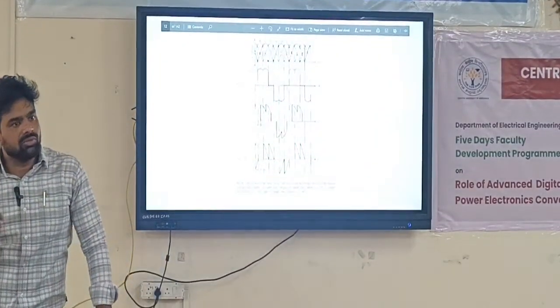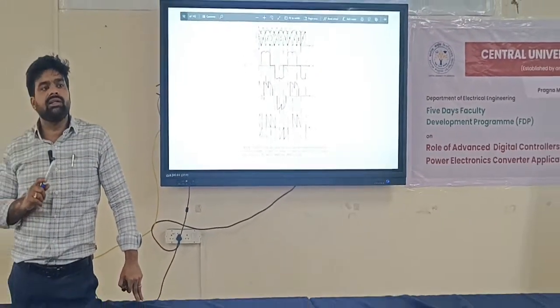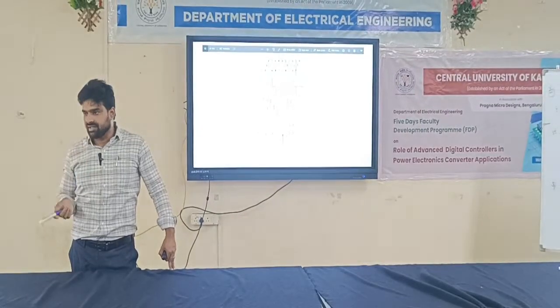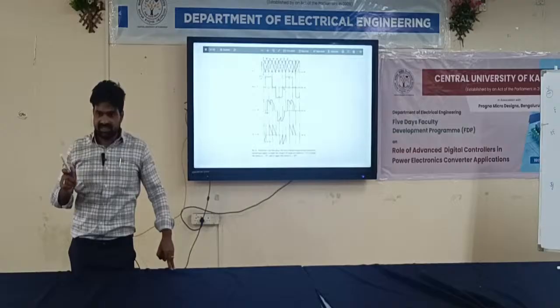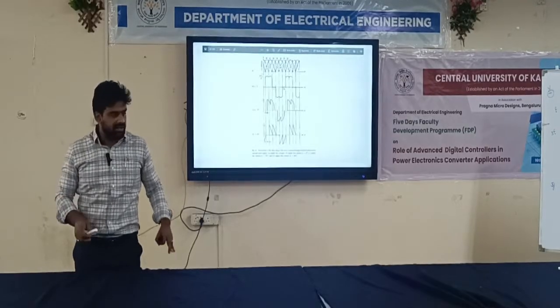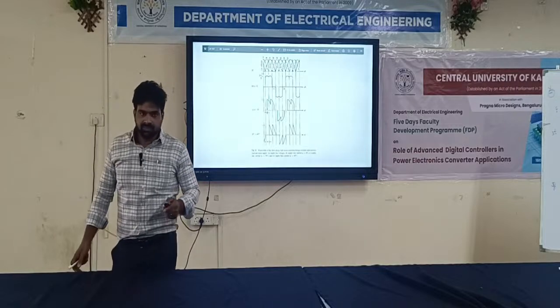So when you are going for a conventional AC to DC converter, where you need the conversion from the AC side to the DC side, DC side voltage regulation and AC side input current regulation is a challenging task.